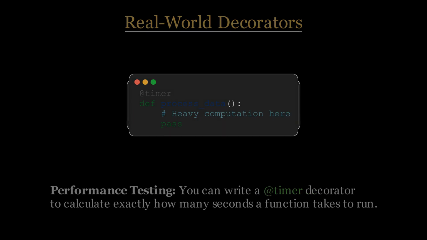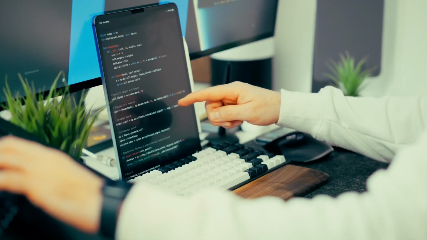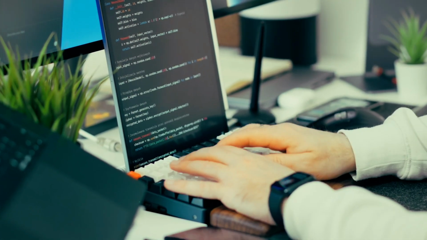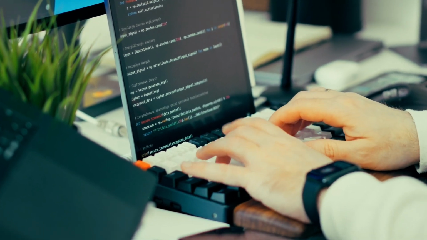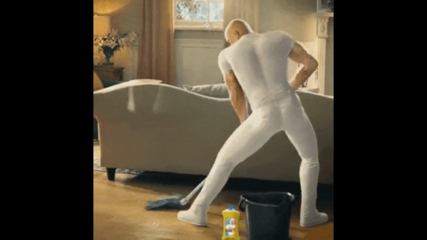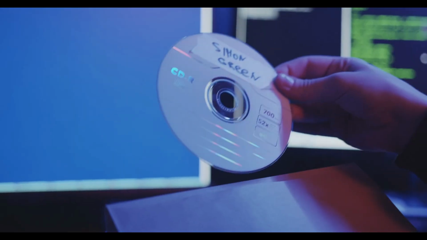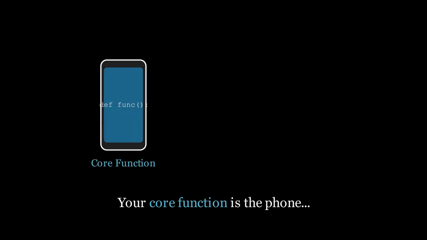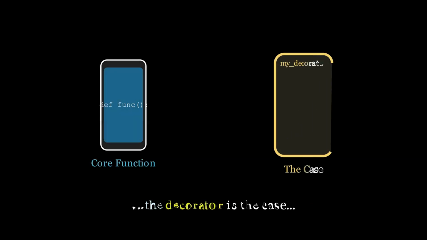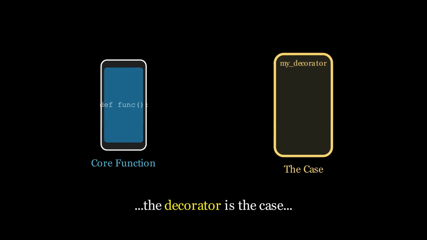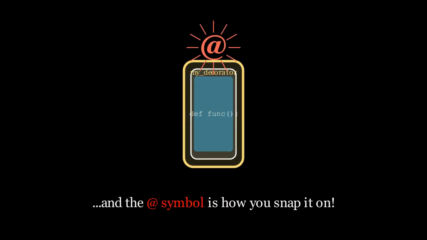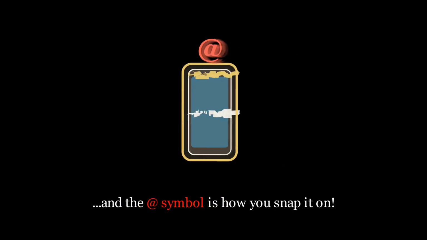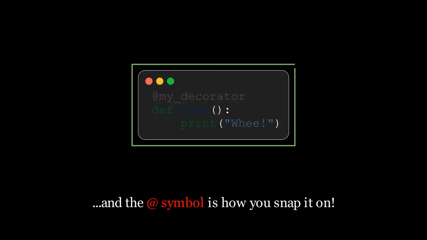So there are many real world cases where you can use decorator functions, so it is quite important and it makes the code way cleaner. It separates the core logic of your app from the administrative stuff and so on. So that is decorators in a nutshell. Your core function is the phone, the decorator is the case, and the @ symbol is a very modern and very clean way to write the code.